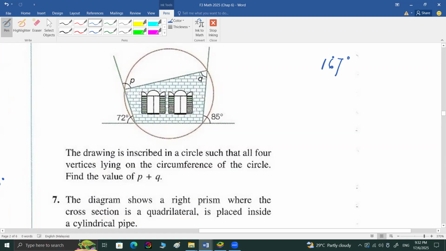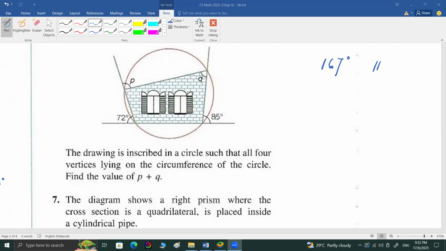Also 167. Two students got 167. Is the same or any different answer? If yes, you type the answer. You got 167 also. Okay, Joanne, yes, 167. So most of you get 167. Not most, all typed to show 167. We check and see whether it's correct or not.